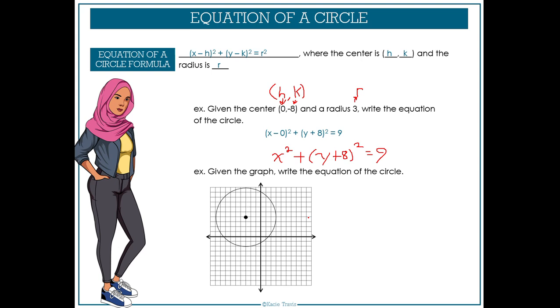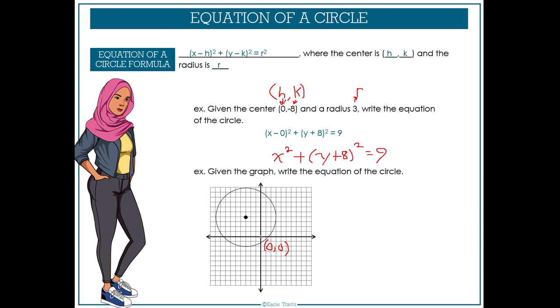So, in order for me to figure out how to write our equation from this circle, we have to find two things. What is the center and what is our radius? So, here is our center dot. And over here, for the record, we can use 0, 0, the origin, so that we can figure out what this is.